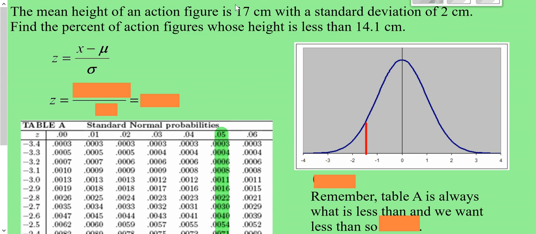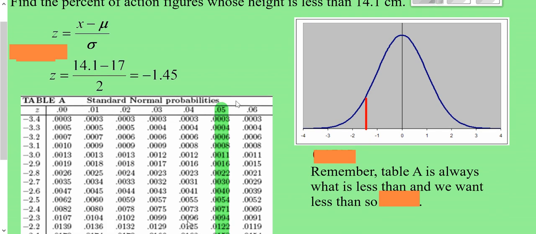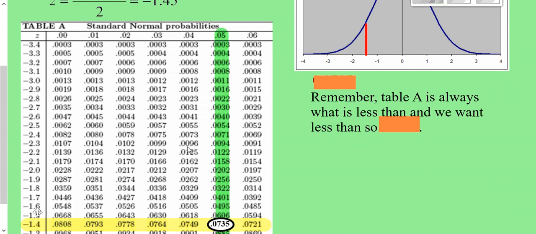So we have our mean of 17, 14.1 is our data value, and our standard deviation is 2. And we get negative 1.45. So we'd have to find that in table A. You would go down to negative 1.4 in the left-hand column, and then you would go over to the 0.05 column here, come down to see where they cross, and you would get this.